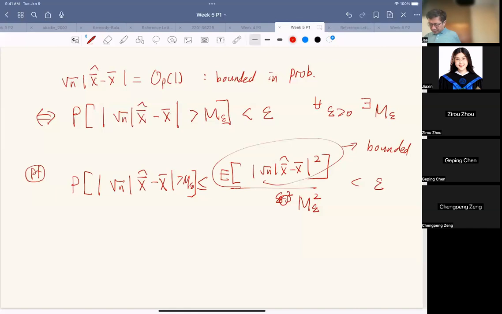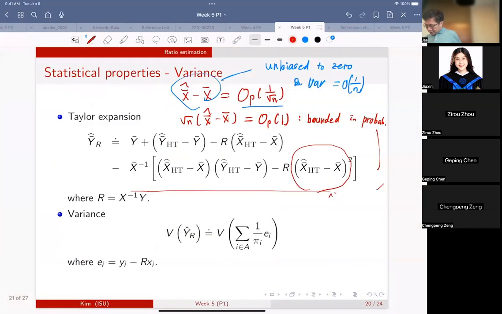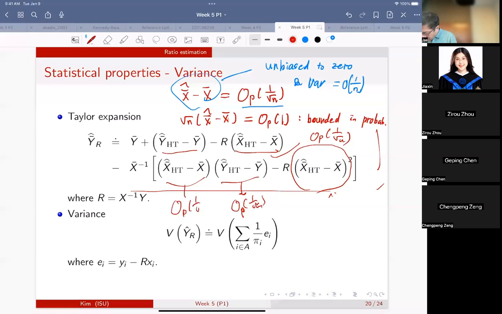So our point is, this guy is 1 over root n. So it goes to 0, but with a rate of 1 over root n order. But here, the square term, this is 1 over root n, and this is 1 over root n. So the product of these two is 1 over n.